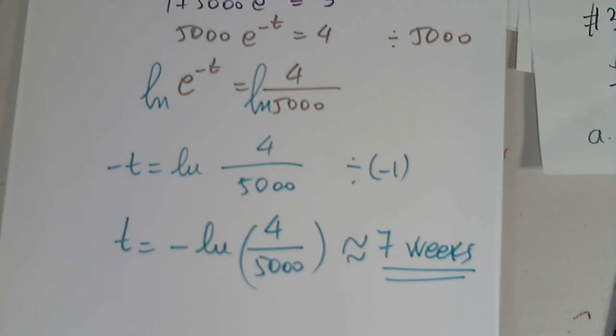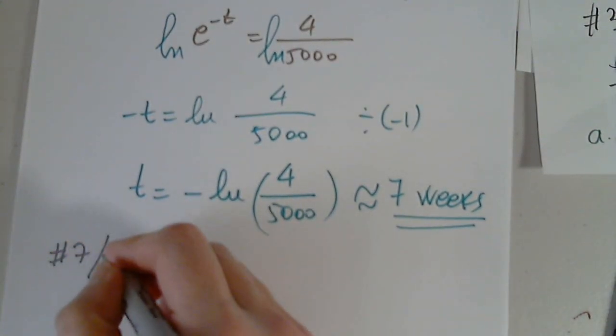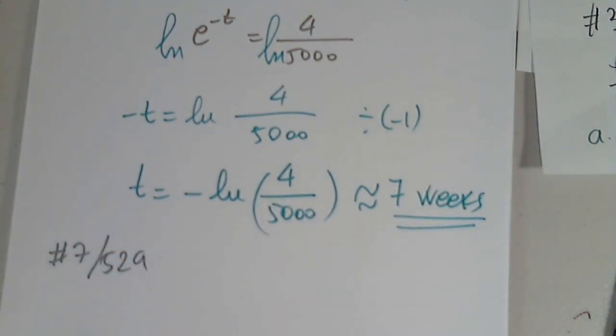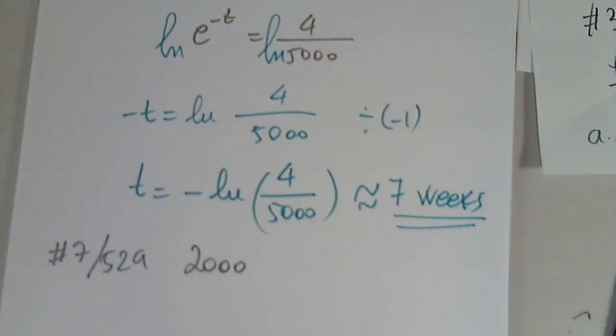You want to talk about the population in Israel, or you want to talk about the Palestinian population? Whichever you prefer. Israel. Fine. So problem 7 on page 529. They're so interrelated. That's the same situation. Okay, in 2000, let me see my video here.